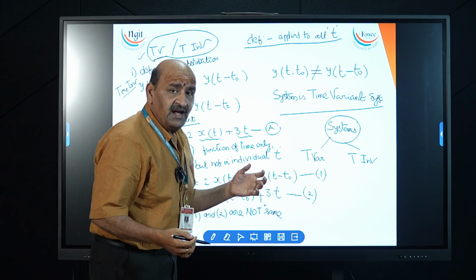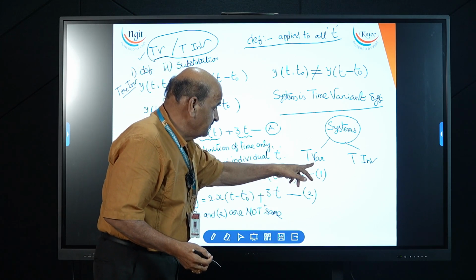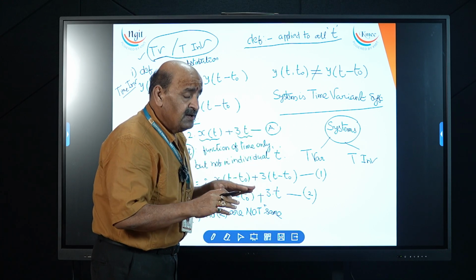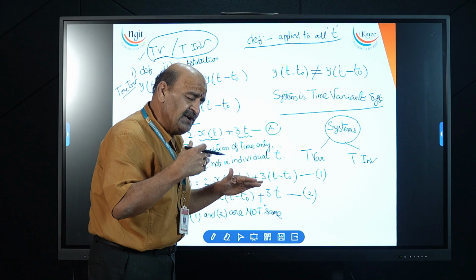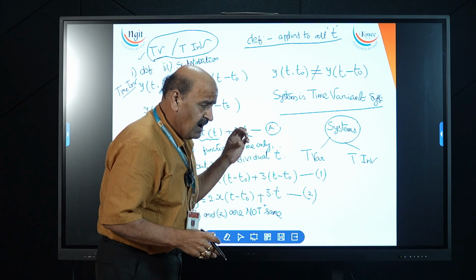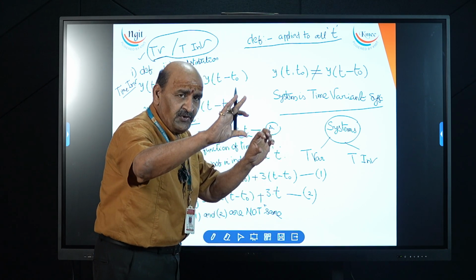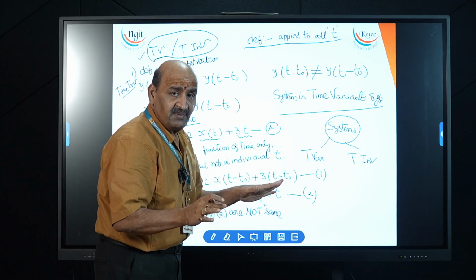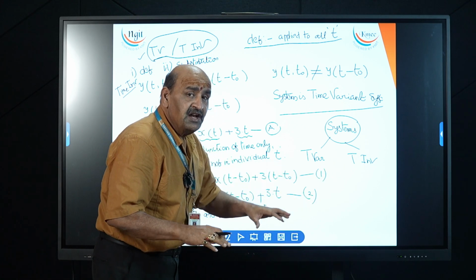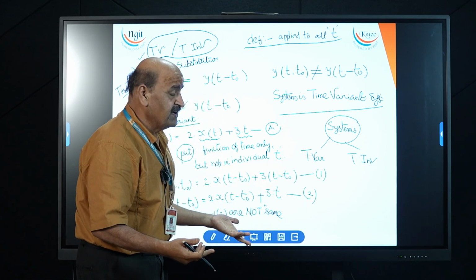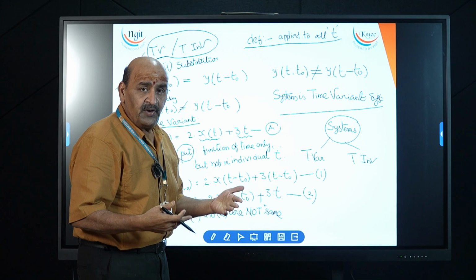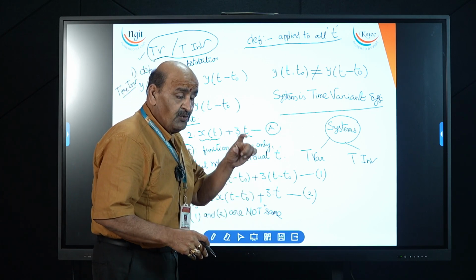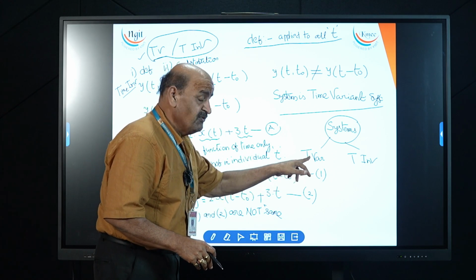For any given excitation, if the response we get is the same irrespective of time, at any time, if you execute for the same input you give, the same output it is giving, then the system is not changing with respect to time. Therefore, this is called a time invariant system. In real life, we need only time invariant systems, not time variant systems. Only in specific cases do we need a time variant system.